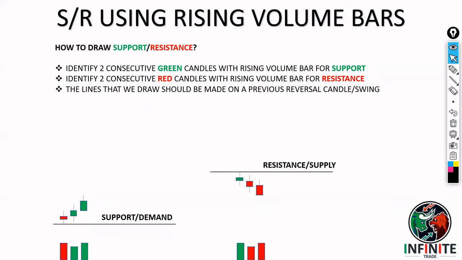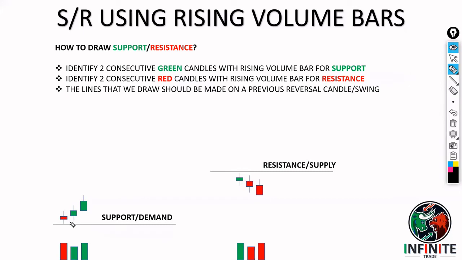Now, how to draw support or resistance with this. We already discussed we need 2 green candles with rising volume. Once you get 2 green candles, we'll draw our support or demand zone.